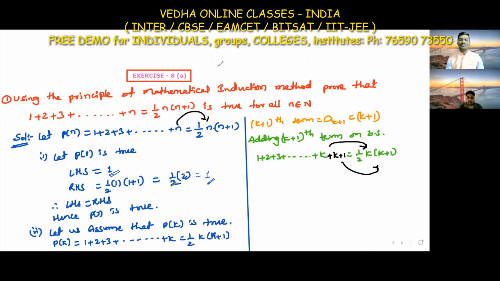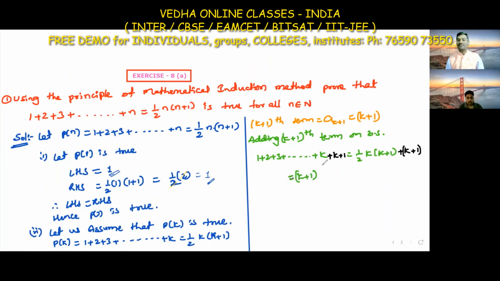It is very simple and easy. So what we are going to do is add k plus 1 on both sides. If we add the same term on both sides, LHS and RHS, there is no change. Now take k plus 1 common in both.